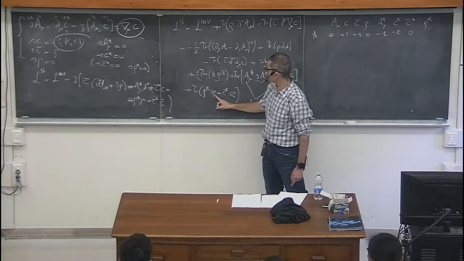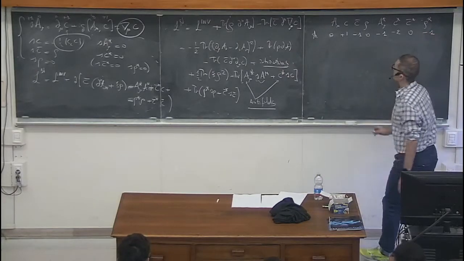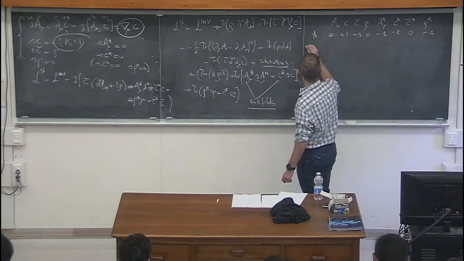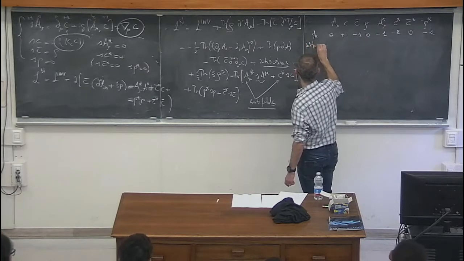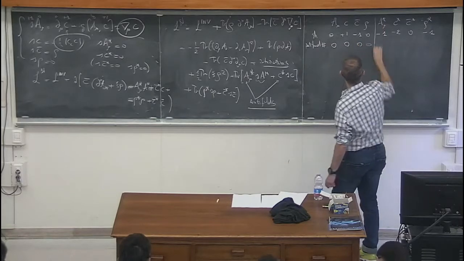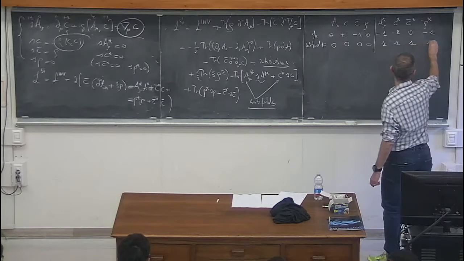S of rho has Gauss number 1, so this must have Gauss number minus 1. So these are the Gauss numbers. Actually, you can add another number, which is called the antifield number. The fields have antifield number 0, and then you assign antifield number 1 to the antifields in this way.